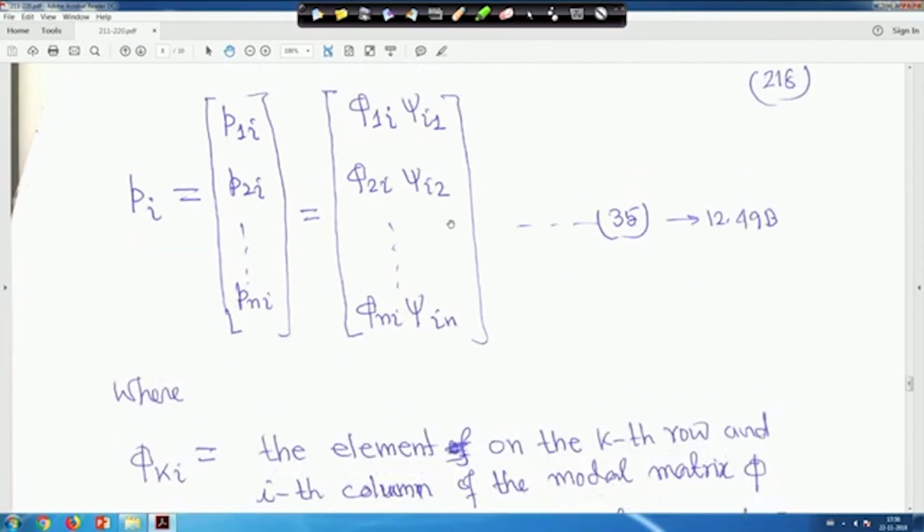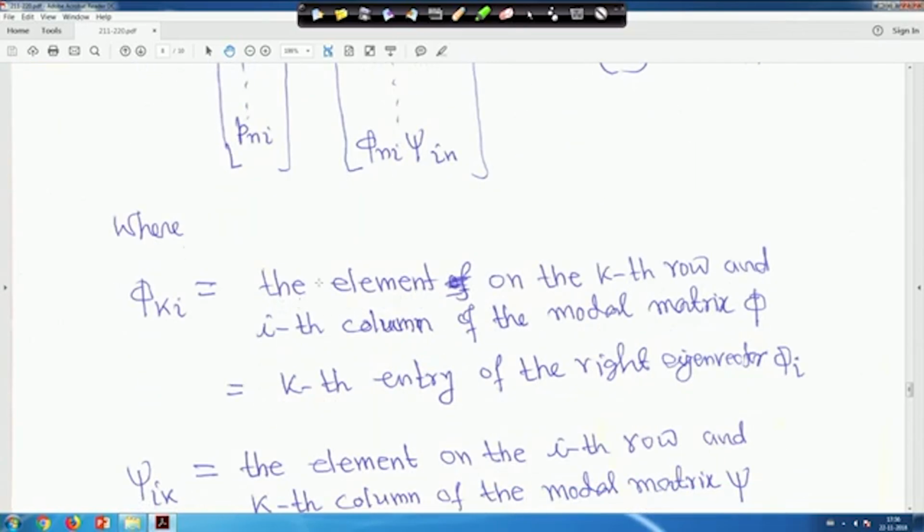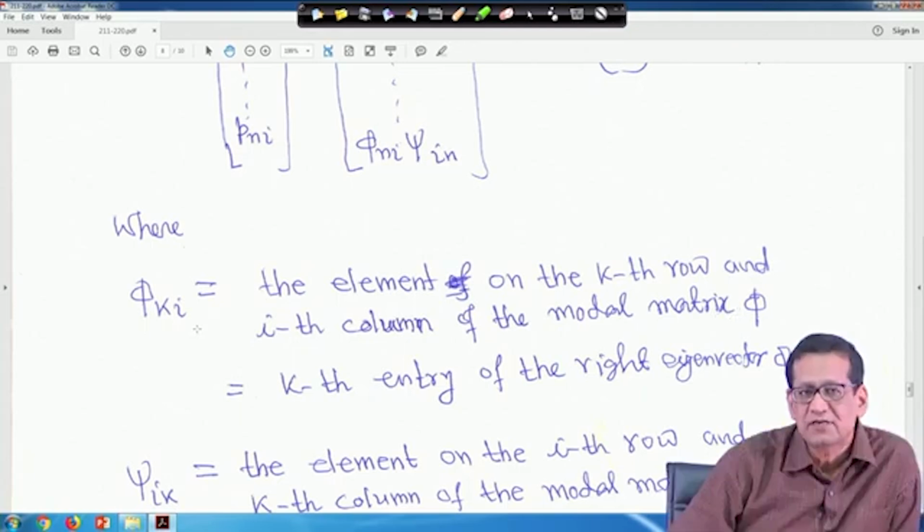Now, where in general phi 1i, phi 2i up to phi ni, psi i1, psi i2 up to psi in. So, for the kth row, phi ki is equal to the element on the kth row and ith column of the modal matrix phi. Suppose you have a phi matrix, and k is equal to 2 and i is equal to 3.